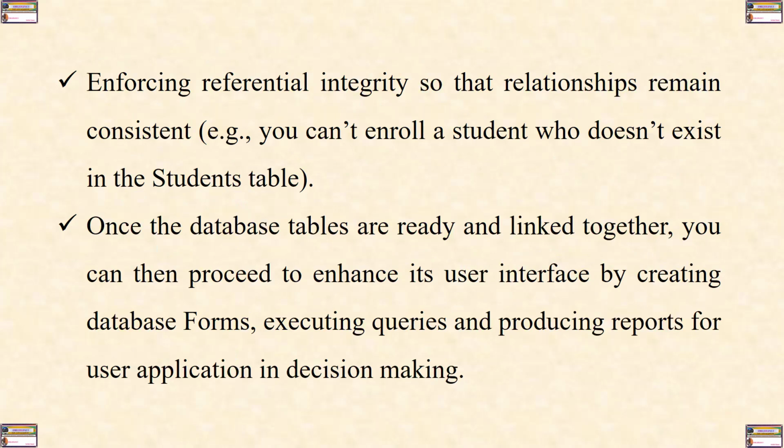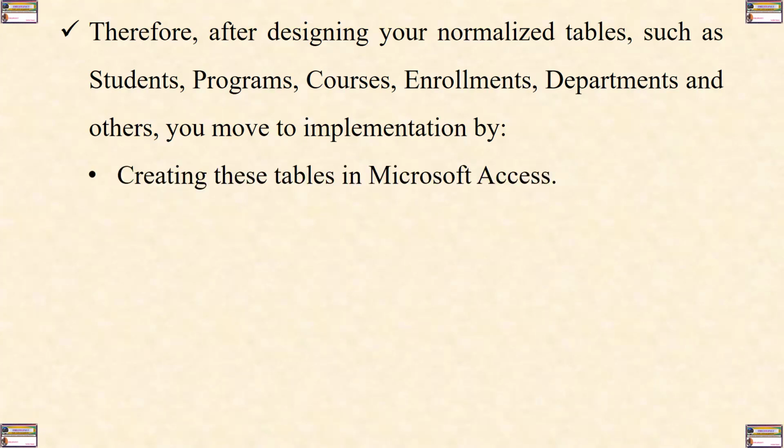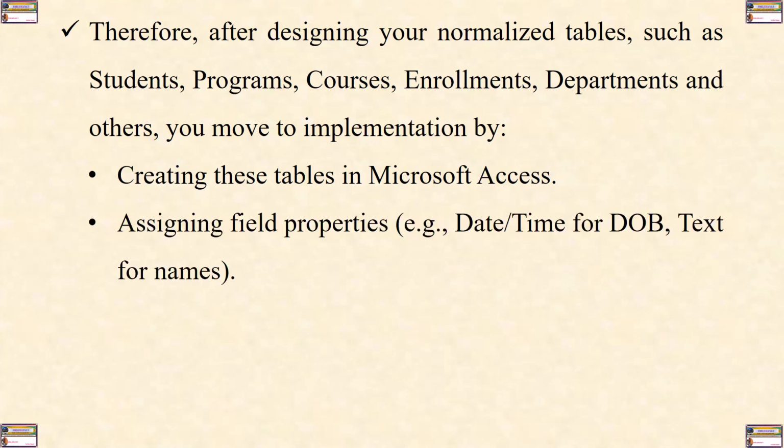Once the database tables are ready and linked together, you then proceed to enhance the user interface for them by creating database forms, executing queries, and producing reports for user application in decision-making. Therefore, after designing your normalized tables, such as students, programs, courses, enrollments, departments, and others, you move on to the implementation stage by creating these tables in Microsoft Access, assigning field properties for them per each field.